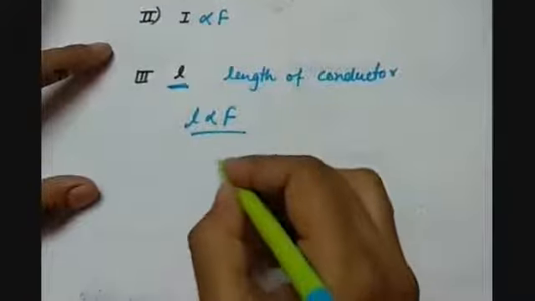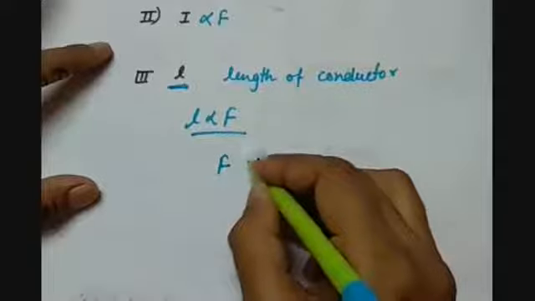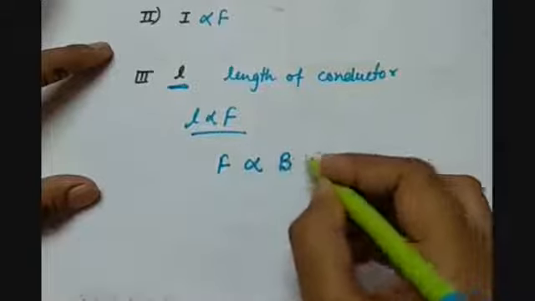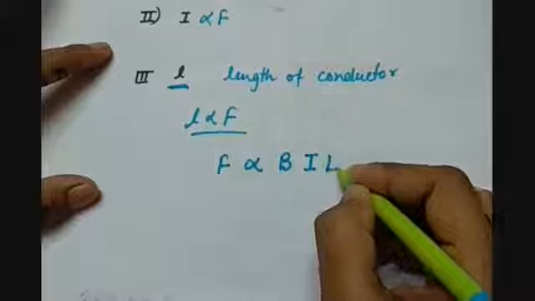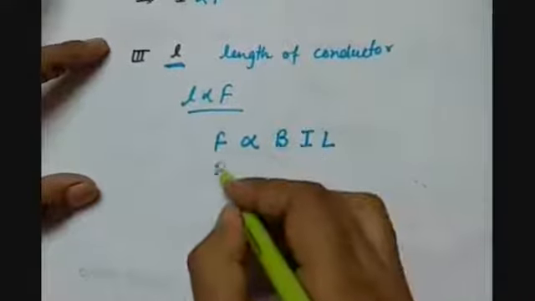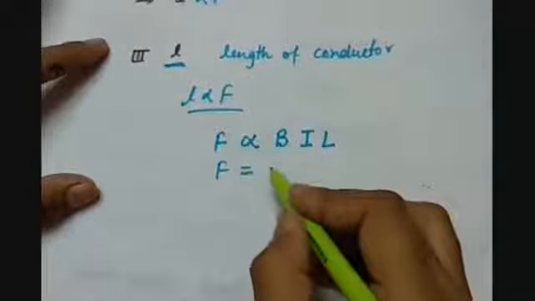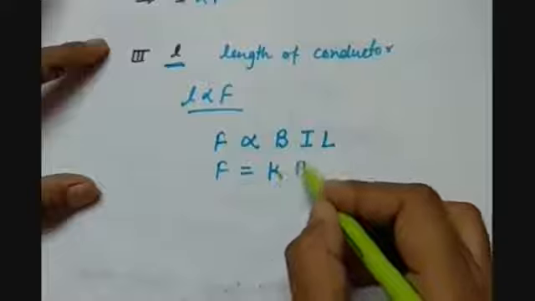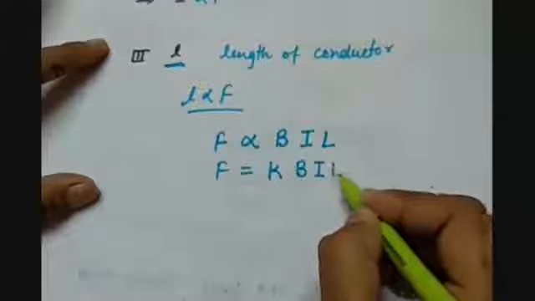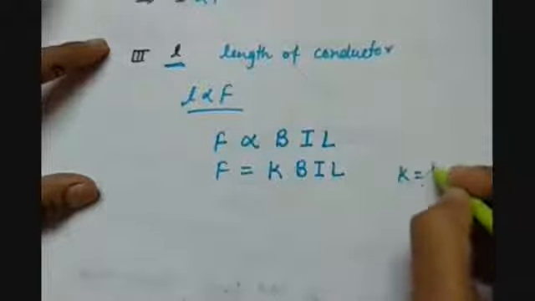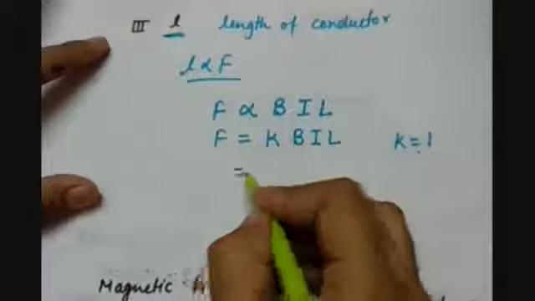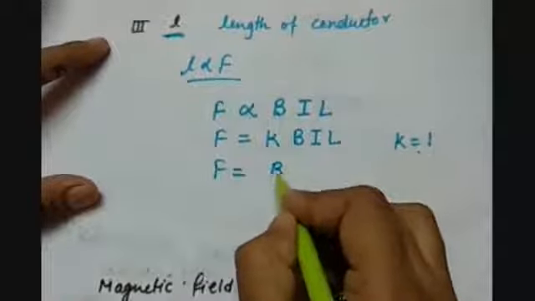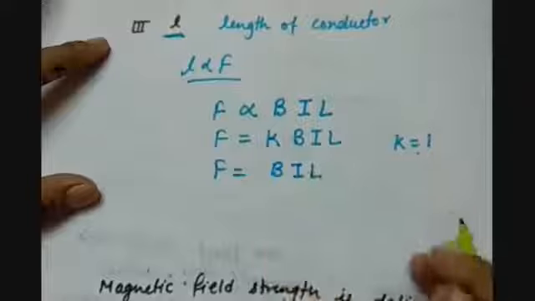Combining these, we get force is directly proportional to B, I and L. Remove the proportionality sign, put a constant K, so F equals K B I L. When K is 1, the force becomes B I L.